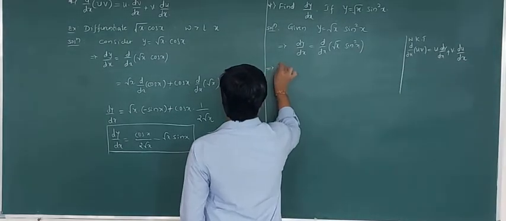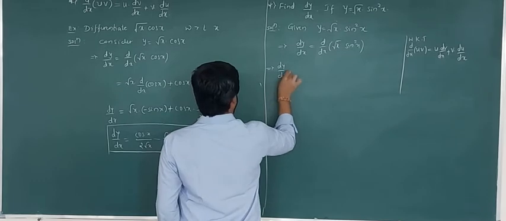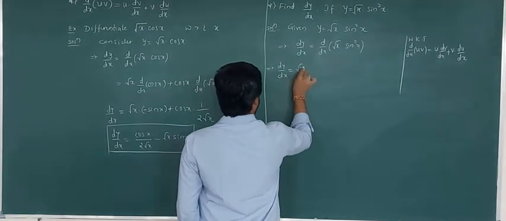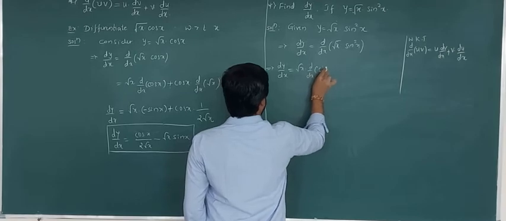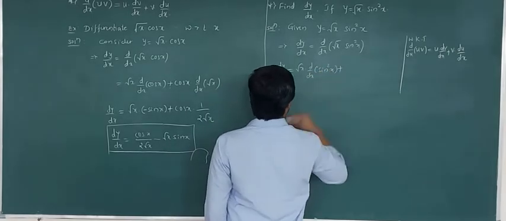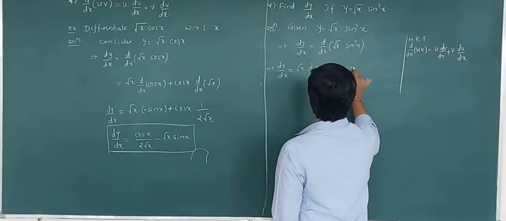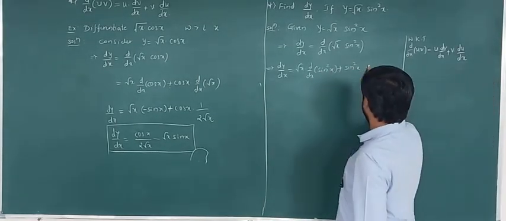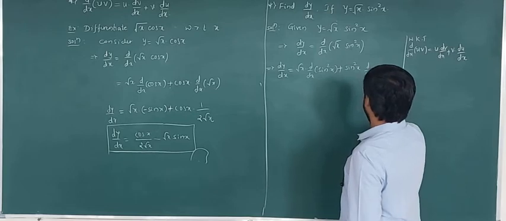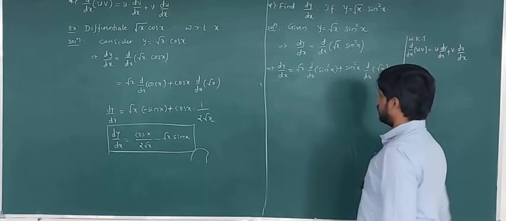Applying the formula, we get dy by dx is equal to root x into d by dx of sin square x, plus sin square x, keeping it as constant in the second term, into d by dx of root x.